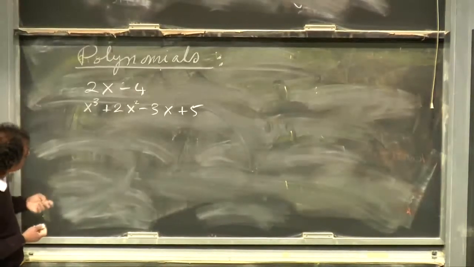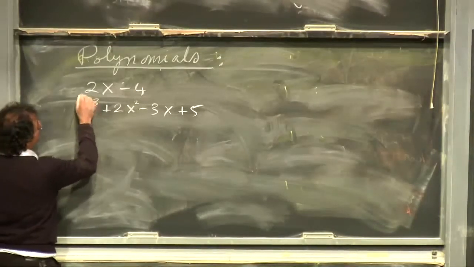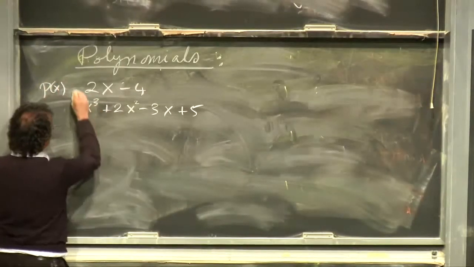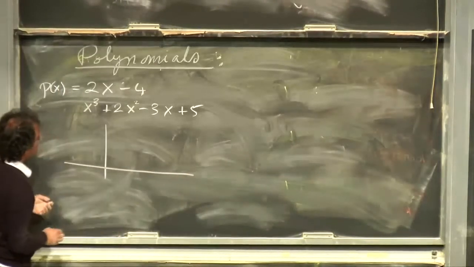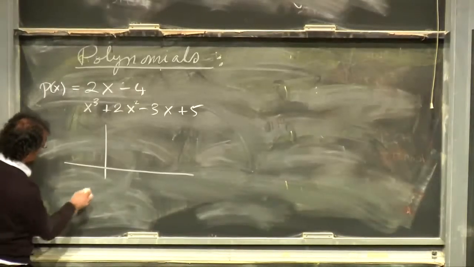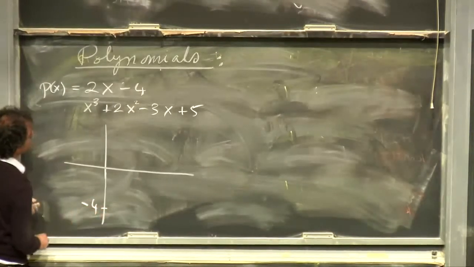Okay, so now, of course, we can plot one of these polynomials. So if p of x equals 2x minus 4, we can plot it. At x equal to 0, it's minus 4.